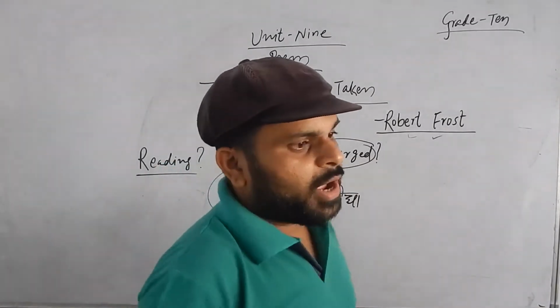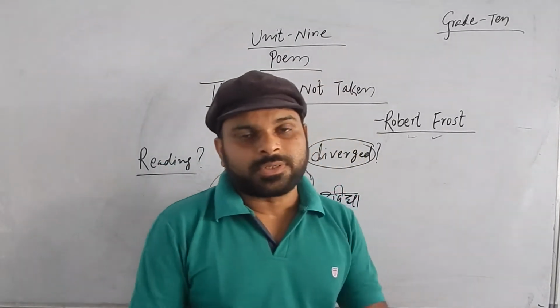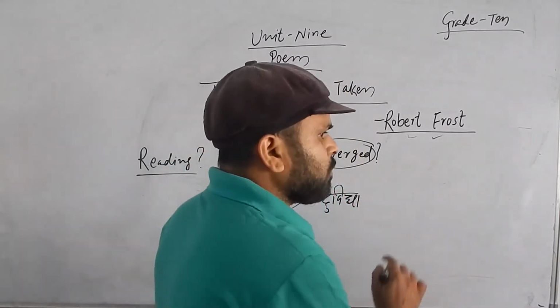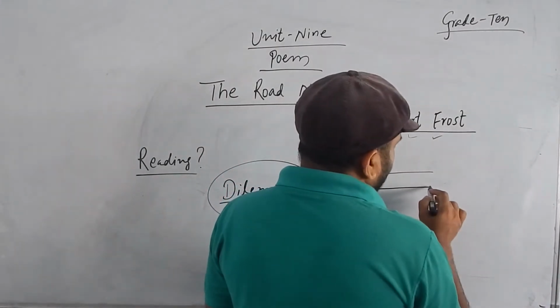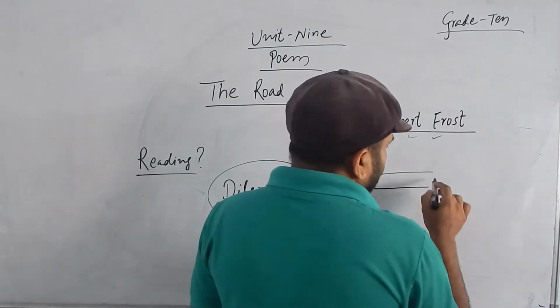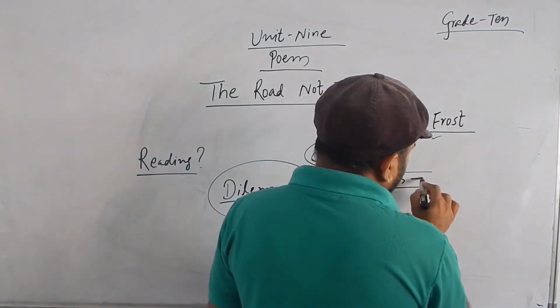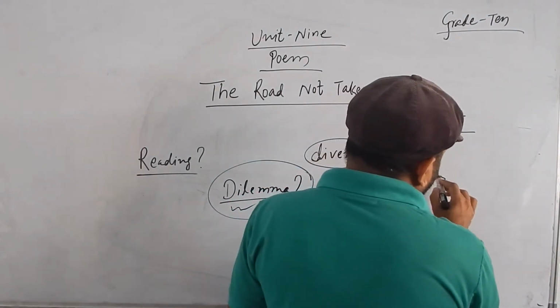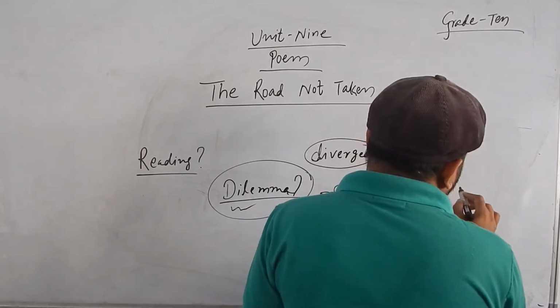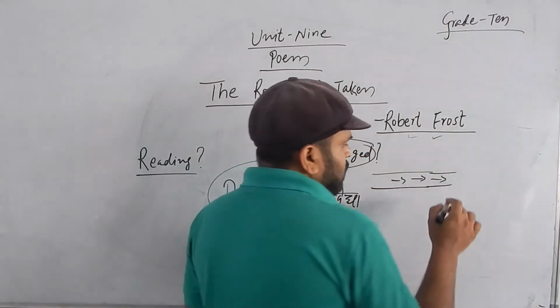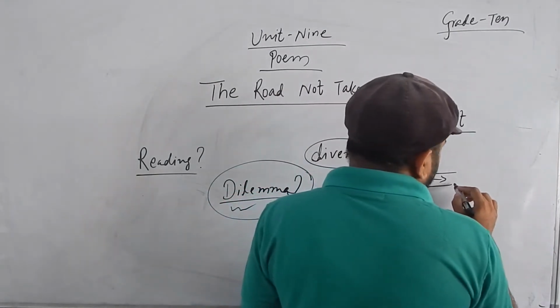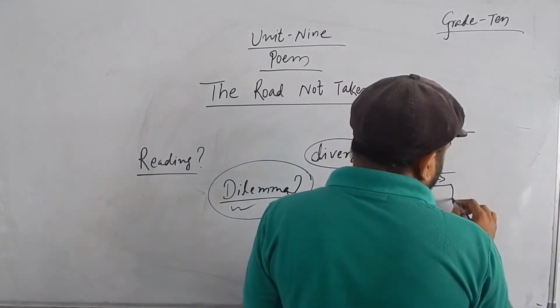What is the meaning of diverged? Diversion. You know, if it's a road and it's the right track, you want to go through it, but because of certain problems, sometimes it gets diverged.